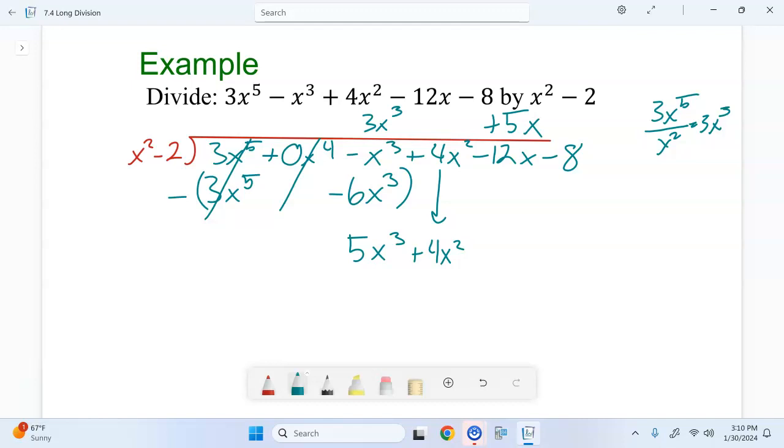We skipped over that squared spot because we didn't get anything squared. When we multiply, we get 5x to the 3rd, and 5x times negative 2 is negative 10x. So I need to bring this negative 12 down as well.